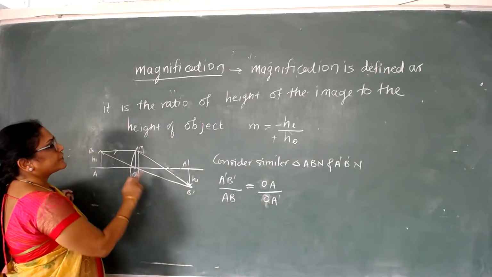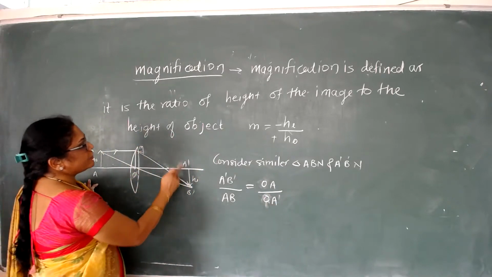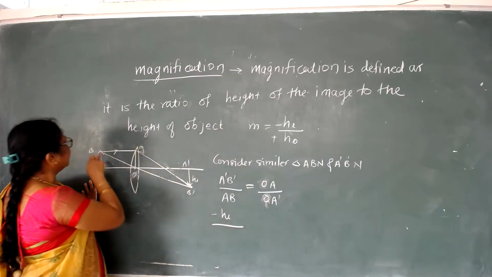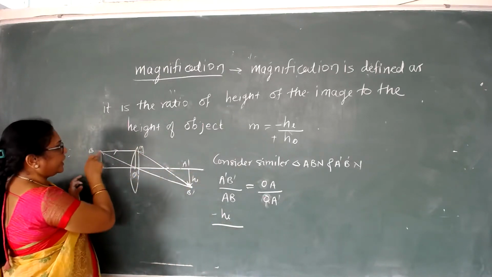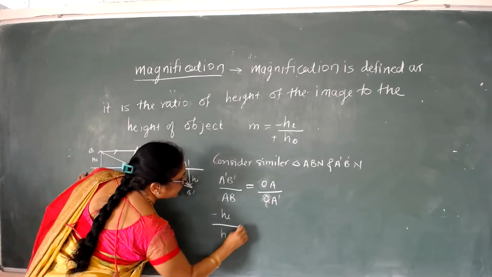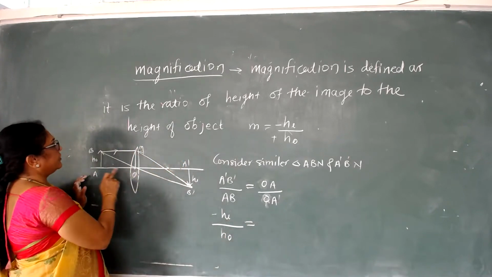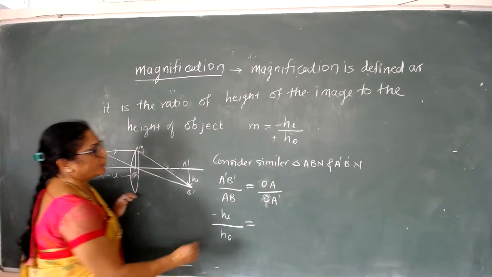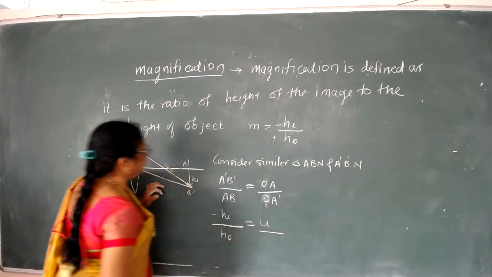Substitute the values. A dash B dash is the height of the image, minus hi. AB is considered to be HO. OA is considered to be the object distance, that is U. Here the object distance is in the opposite direction, so we take minus.